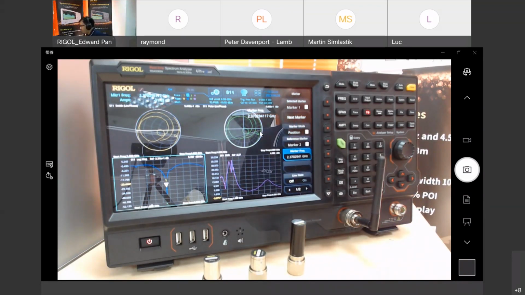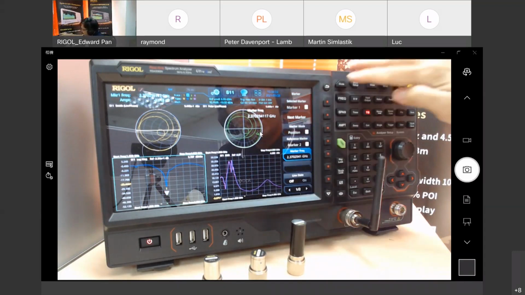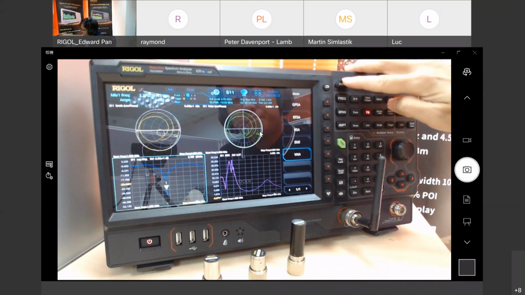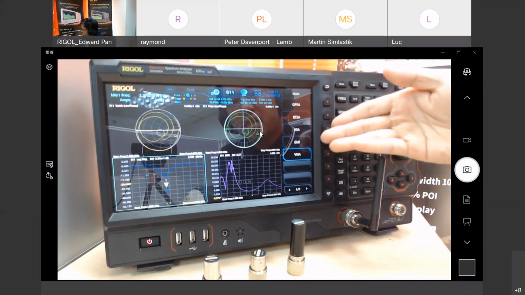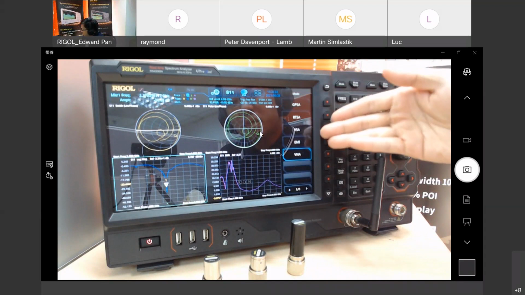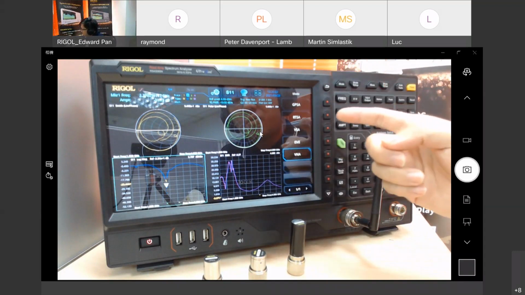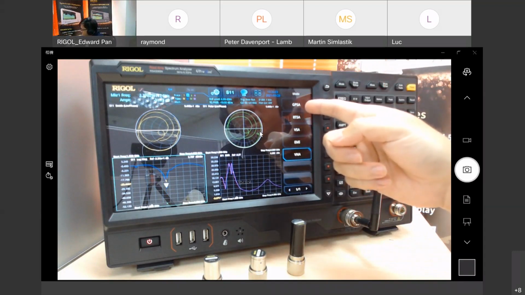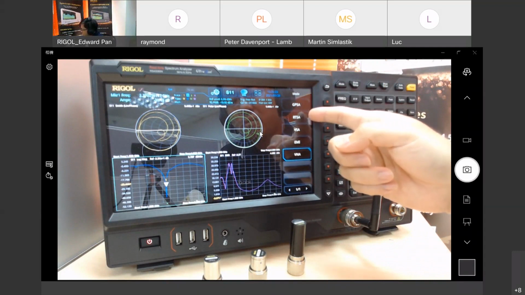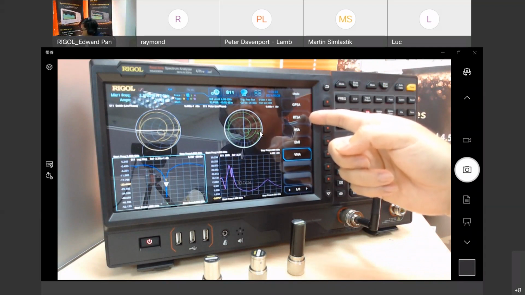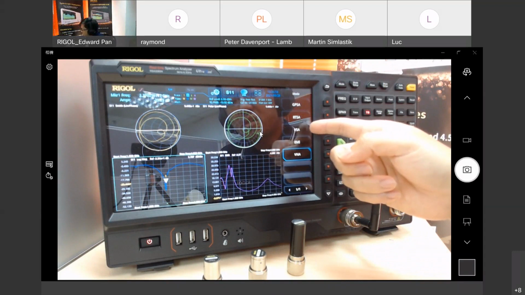Before we do the demonstration, you can see we have different kinds of functionalities inside the real-time spectrum analyzer. It includes the general performance spectrum analyzer, real-time spectrum analyzer, and vector signal analysis.